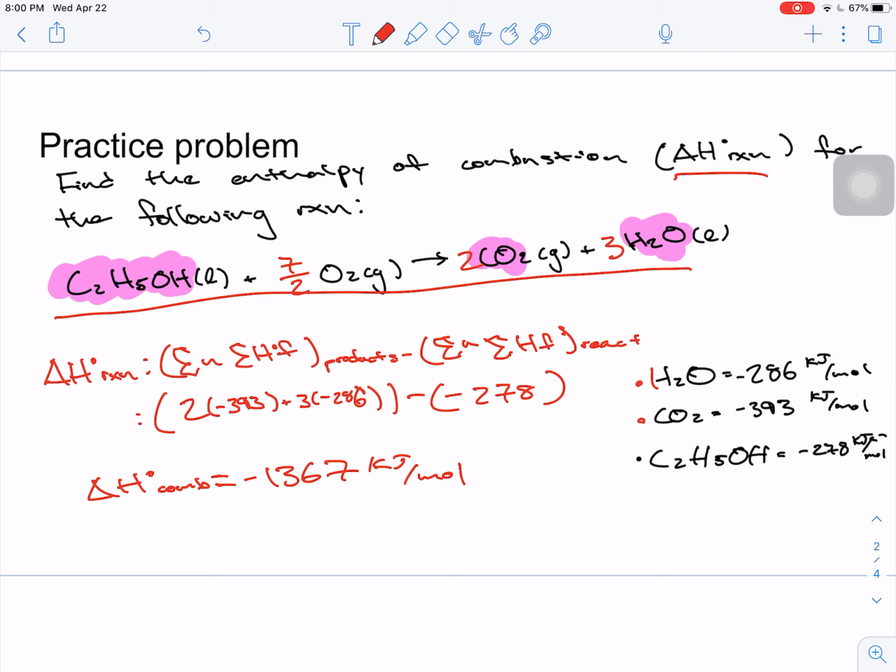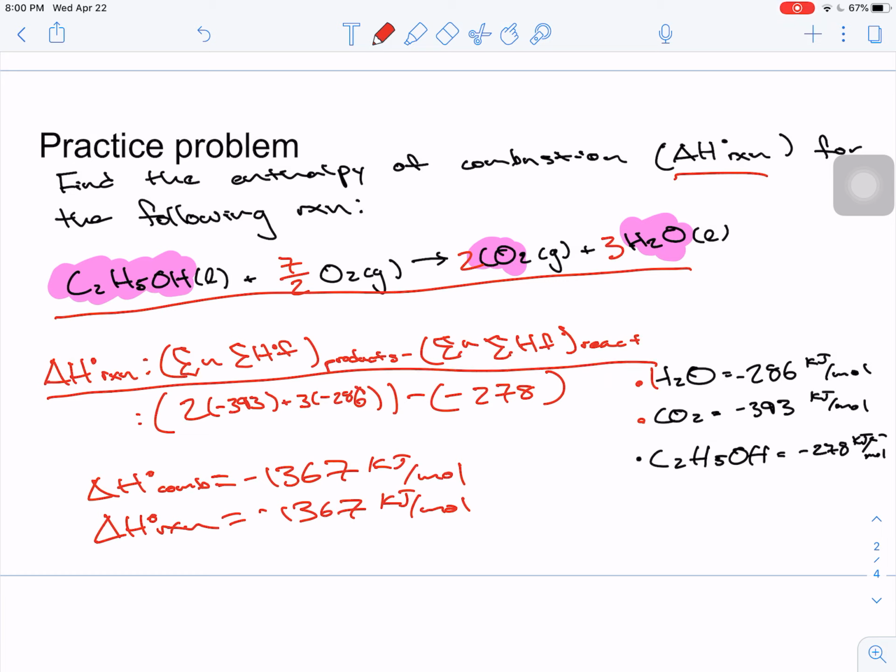And this, like I said, is your enthalpy of combustion or your enthalpy of reaction. So each separate molecule will have its own enthalpy of formation, but if you want to find the overall enthalpy of the reaction, you just need to add them up using the formula up here.